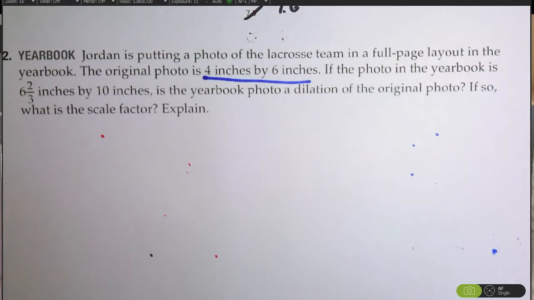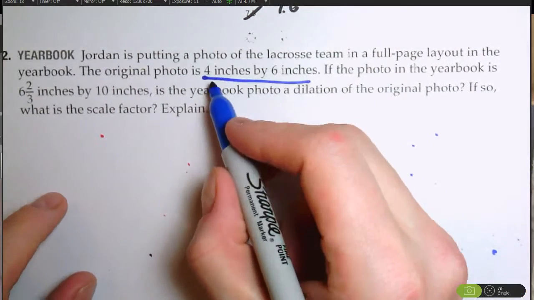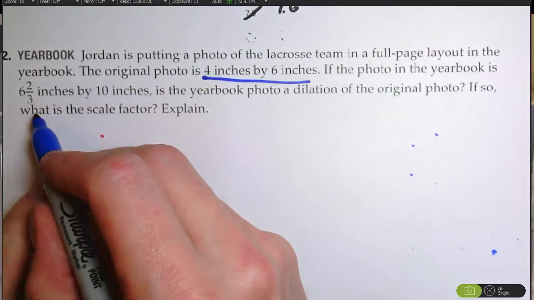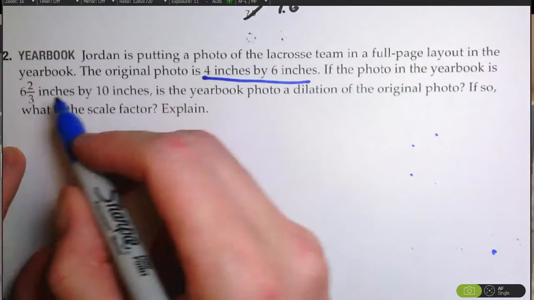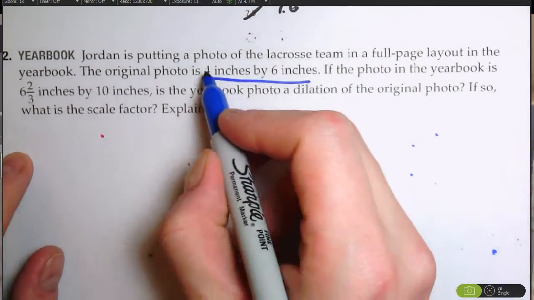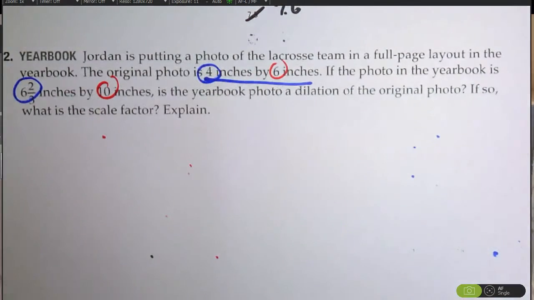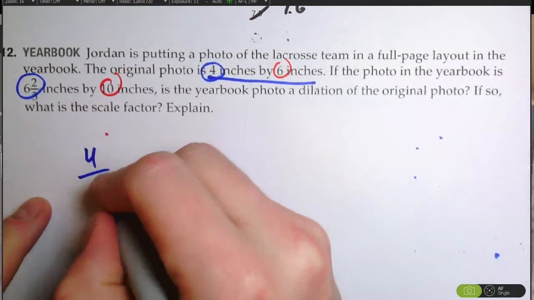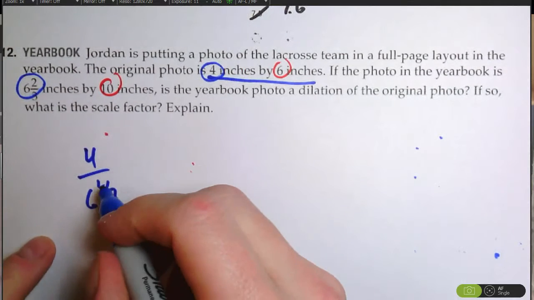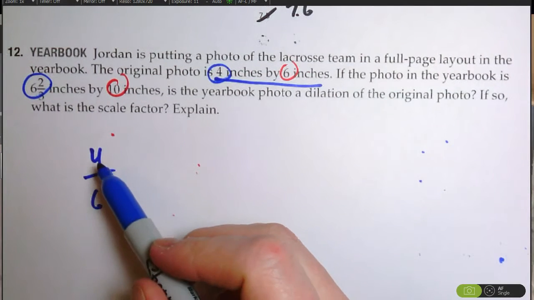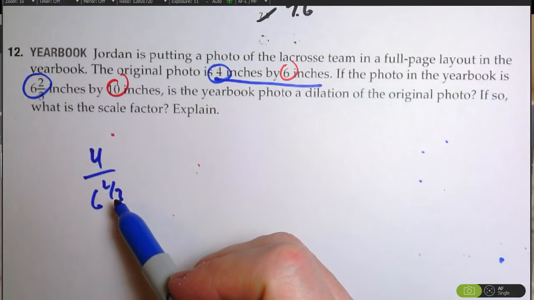Now, there are two ways to go about this. You could say, okay, well, let's see. 4 corresponds to 6 2/3. 6 corresponds to 10, because it's smaller and smaller, bigger and bigger. That's one way. So just compare them. So 4 to 6 2/3. Now the problem with that, you can see, is that this is a whole number, this is a mixed number.